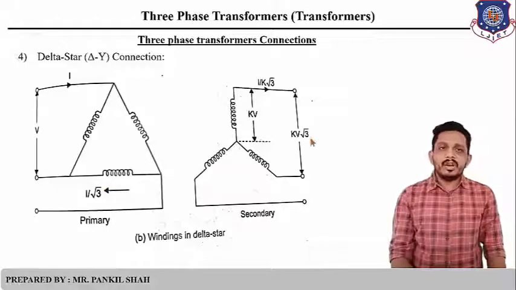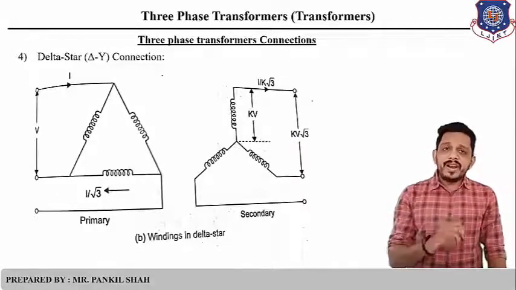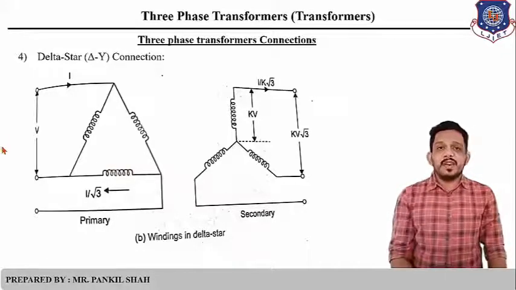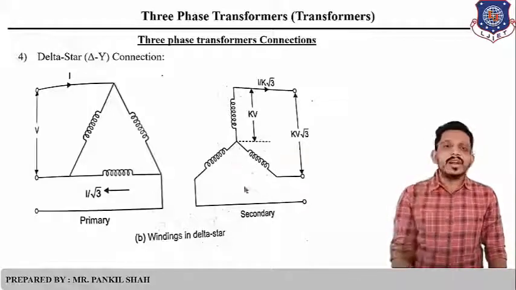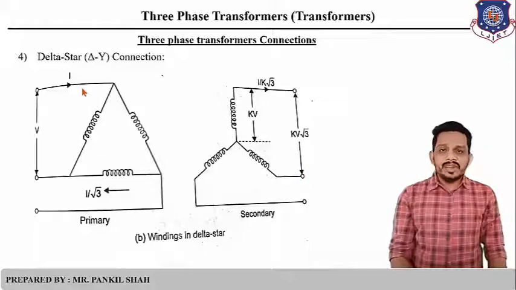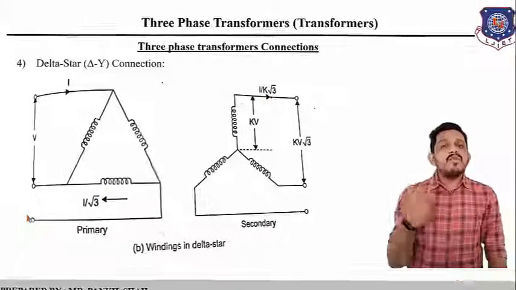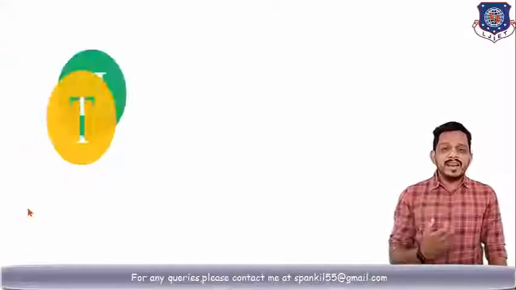Here, if we talk about the line voltage, then we have to multiply the voltage by K. This is the phase voltage, so first of all V by root 3 is the line voltage, and multiplying with K, we will get the secondary parameters. For the current I, first of all you have to divide by root 3 and then you have to multiply by K. So these are all four types of connections which we make in the interconnection of three-phase transformer primary and secondary windings.